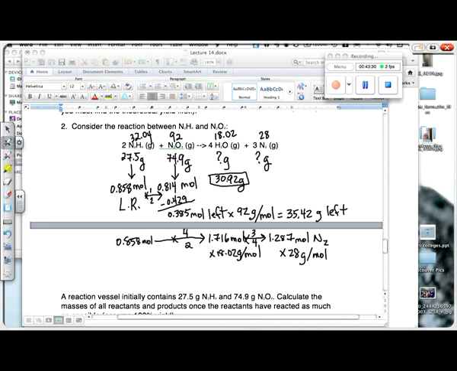Okay. I end up with 36.04 grams of the nitrogen. Okay. That's pretty much as complicated as it gets. All right, one more, and we're done with this lecture.